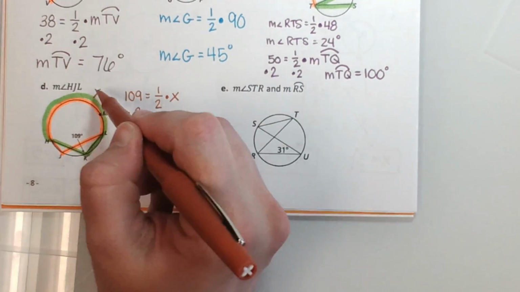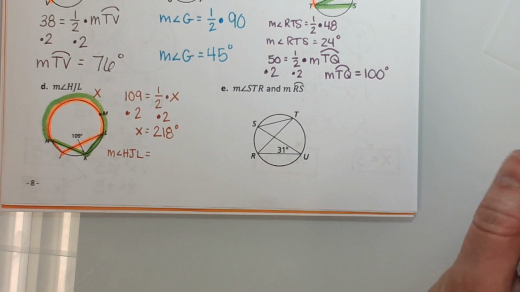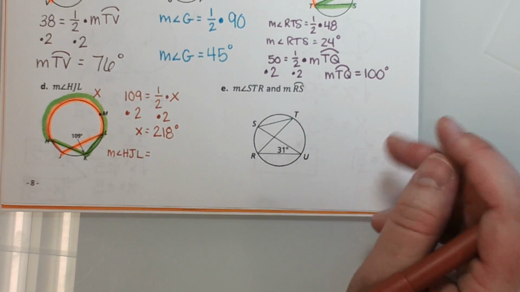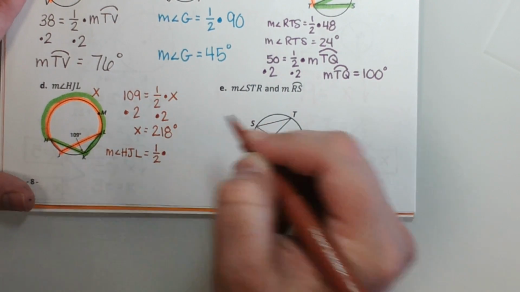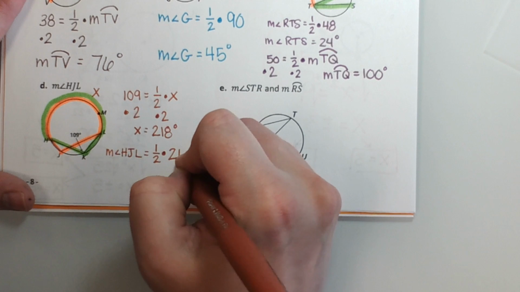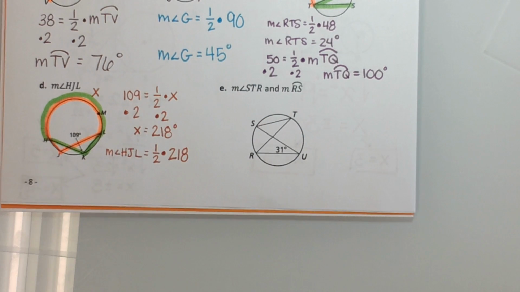I put X here because that wasn't what I was trying to solve for in the first place, so I just used it as a placeholder for something I needed. That angle is equal to 1/2 times its corresponding arc, which we just found to be 218. Half of 218. 109. Make sure sound's off on our phones, please.